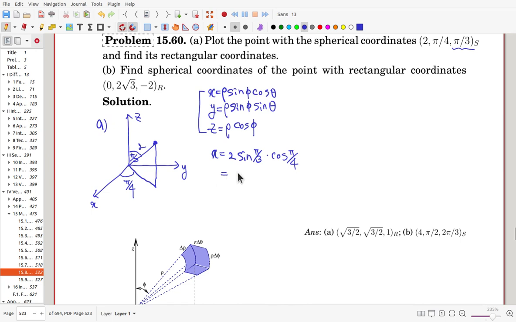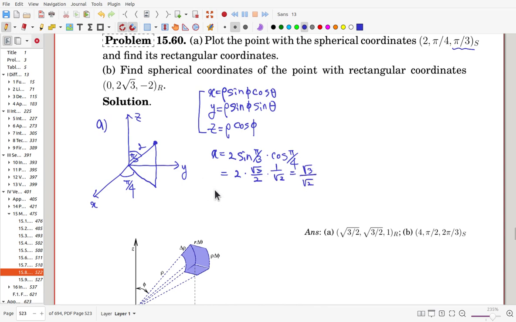That is 2, and sine pi over 3 is square root of 3 over 2. Right? Cosine pi over 4 is 1 over square root of 2. You can simplify this easily.